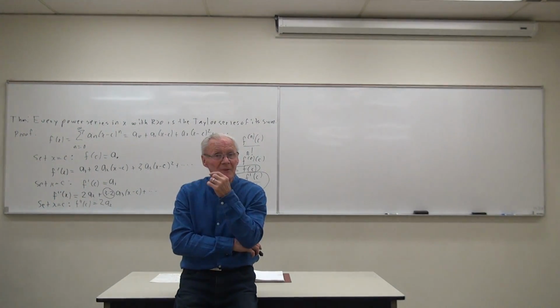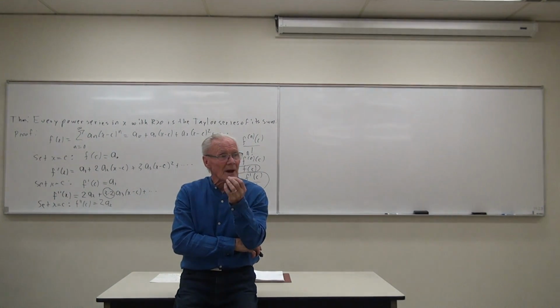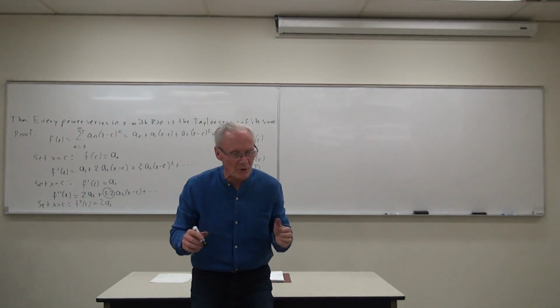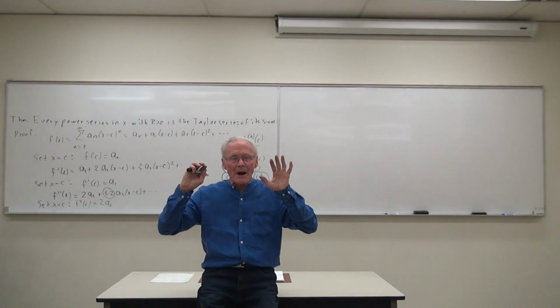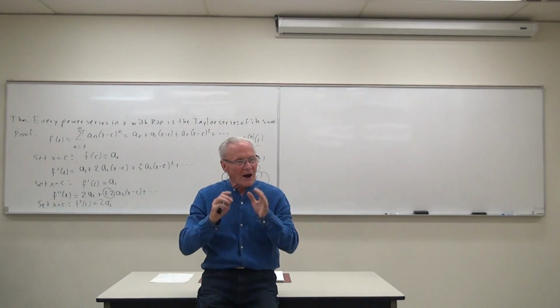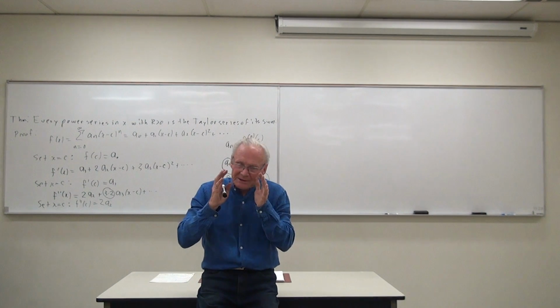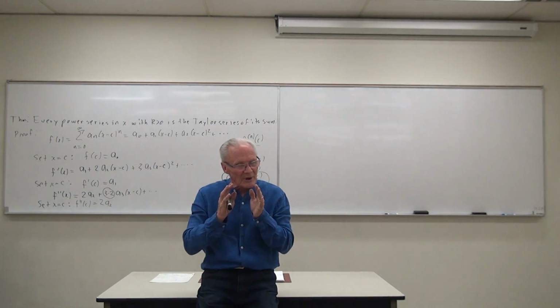So says that theorem. So if I want a Taylor series about 5, I go find a power series in x minus 5, knowing that if I get one, it has to be the Taylor series. So in other words, to find Taylor series and Maclaurin series, you forget that and you say, go find a power series of the right form, and it has to be the Taylor series or Maclaurin series.